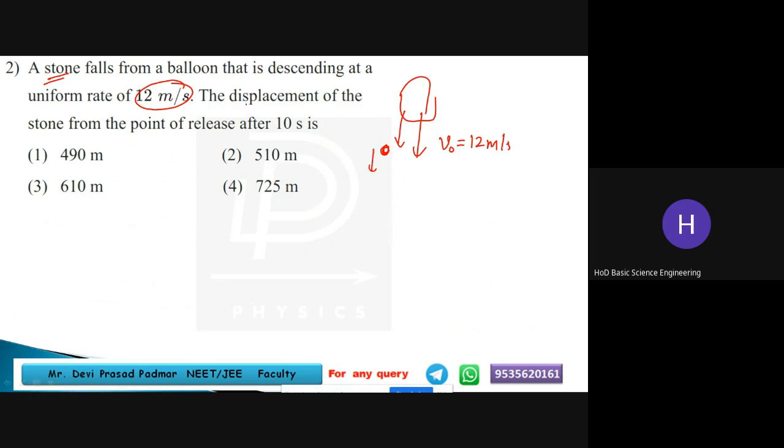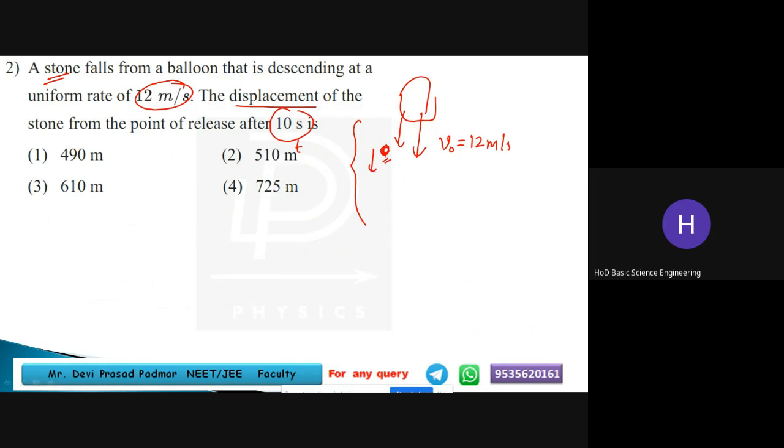Now, what is the question? The displacement of the stone from the point of release after 10 seconds. After 10 seconds, how much displacement will there be for this stone? How can you solve this? Actually, this one is dropped, right?